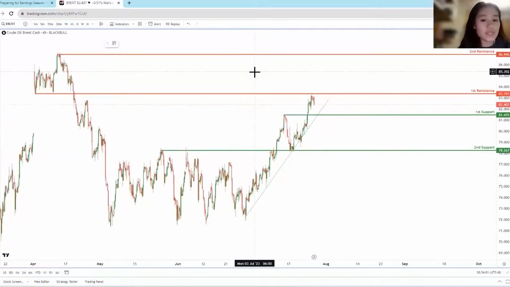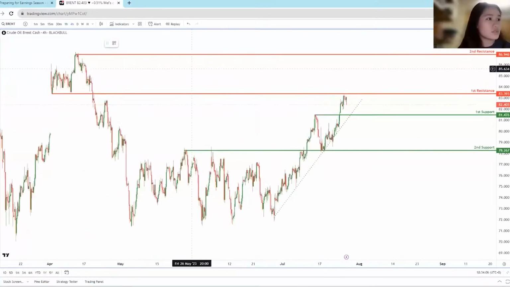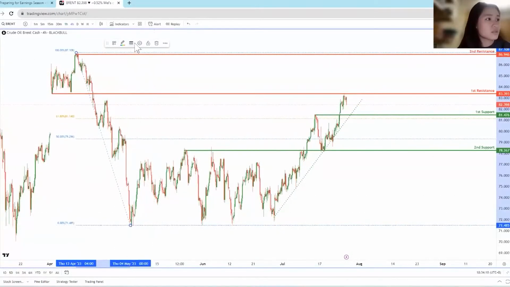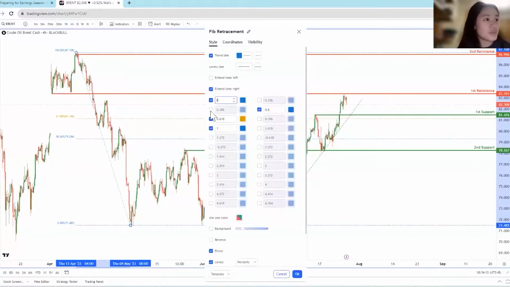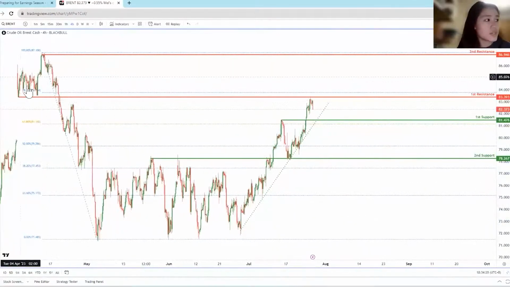Okay, now that we have these levels, I'm going to go in with some Fibonacci levels. So for a Fibonacci retracement, which is what I'm looking for here, we use these 5 levels. So I can see my 78.6 lines up nicely with my first resistance.